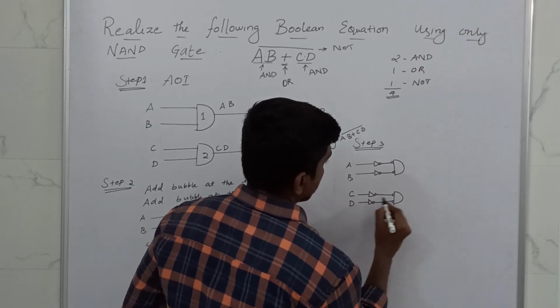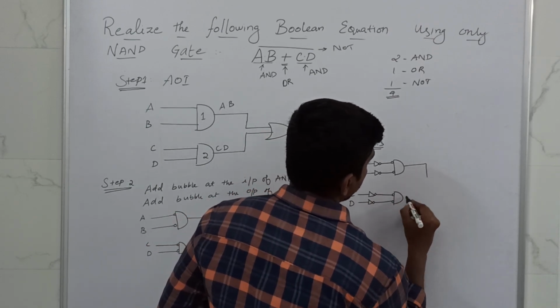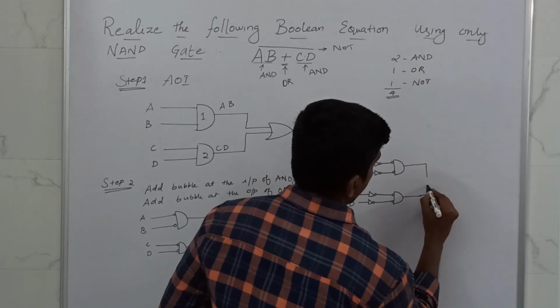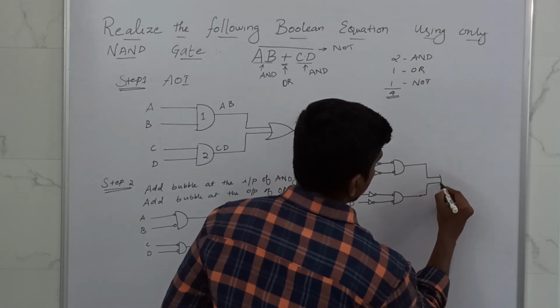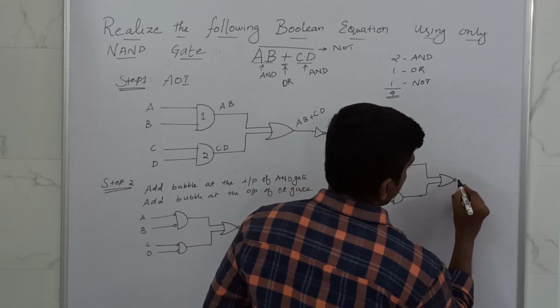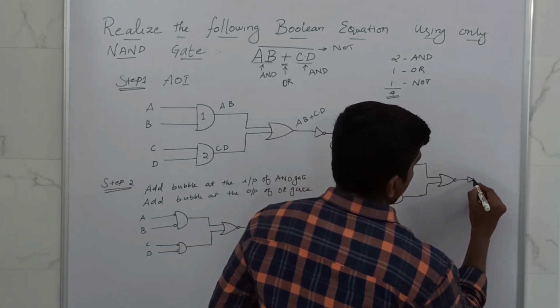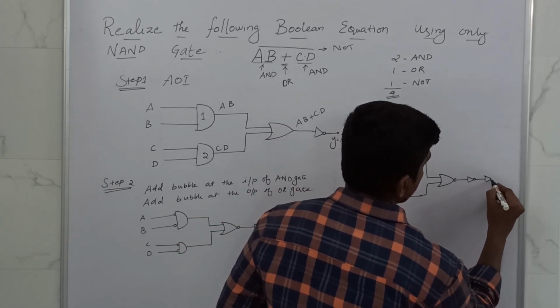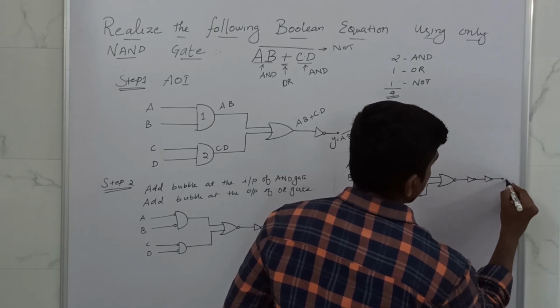Output of these 2 AND gates is given to the input of the OR gate. Then here one bubble, so I add one inverter. The circuit already has one inverter.